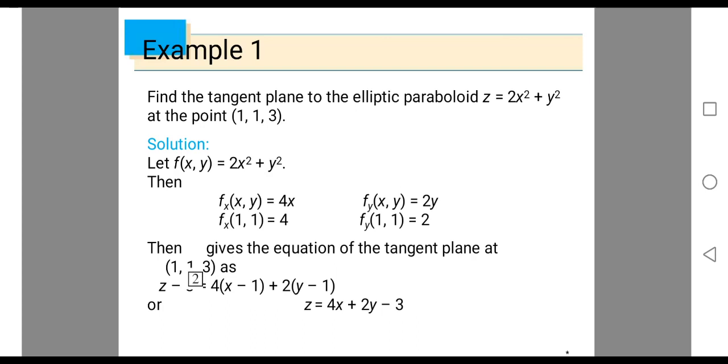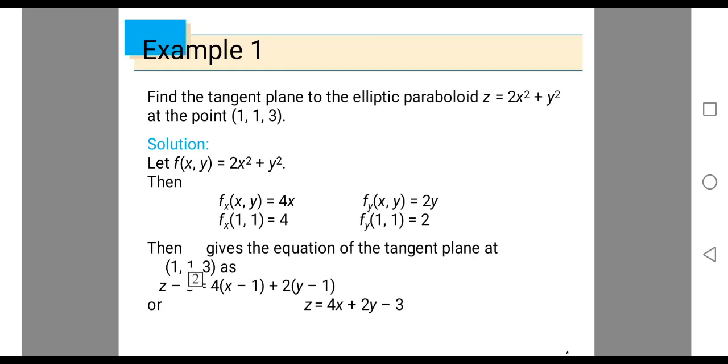So we just plug in the values. Our x is 1, y is 1. We get 4 for fx. On the other hand, for fy we have 2y, and with y equal to 1, fy is 2. So fx is 4 and fy is 2.